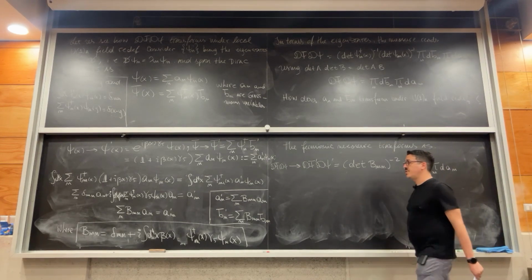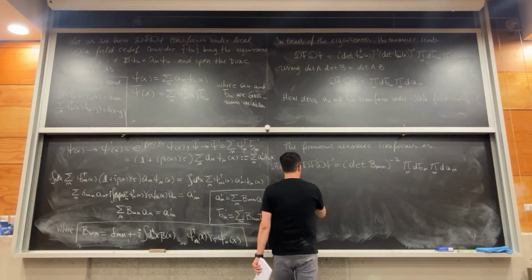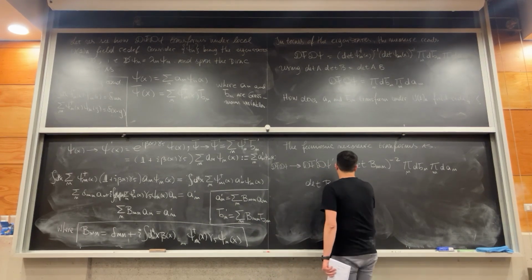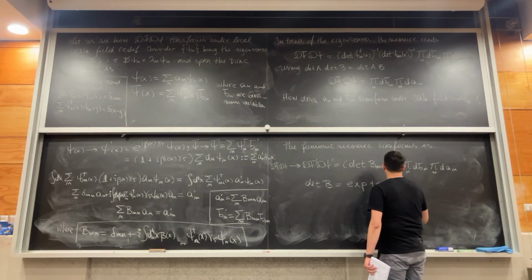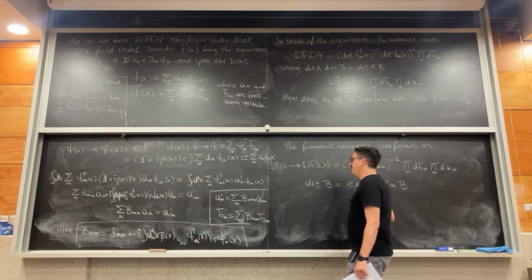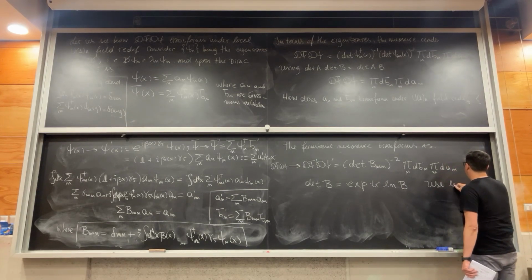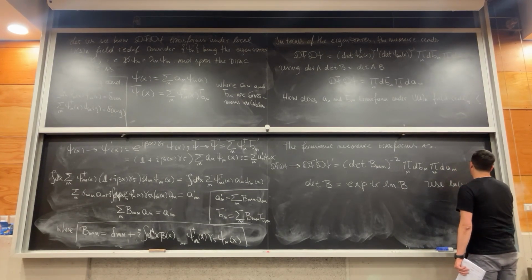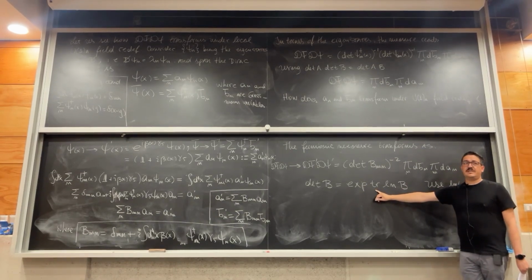So just to give you some steps, we use the standard technique: the determinant of B can be written as the exponential of the trace of the log of B. We expand, use that log 1 plus x is like x when x is small, and there will be a trace here.